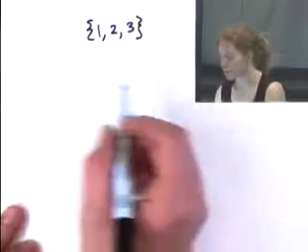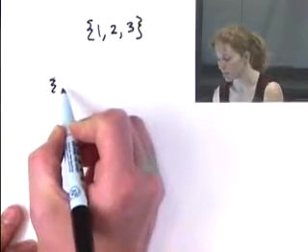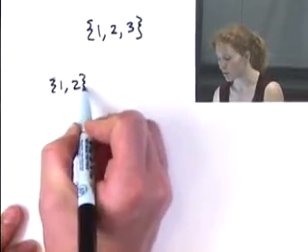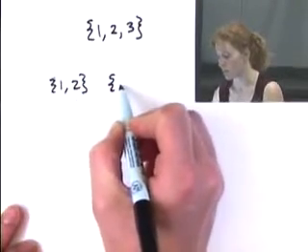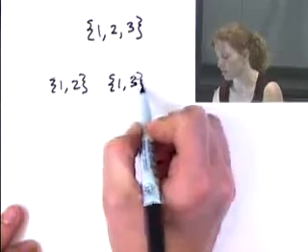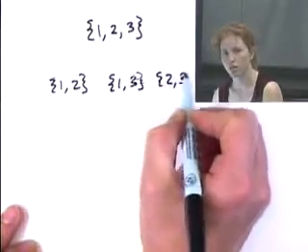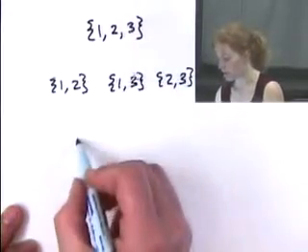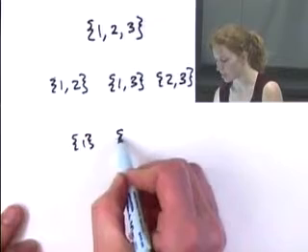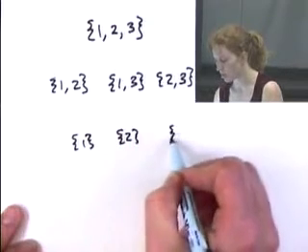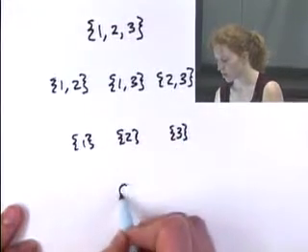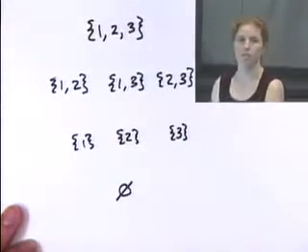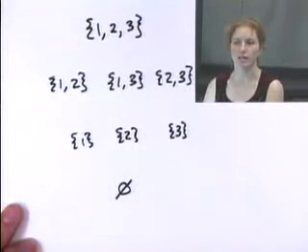Then the next level, as we decided before when we first did this problem, had the 2 element subsets on there. And the next level had the 1 element subsets. And the bottom had the empty set. Now how do I draw lines on this?